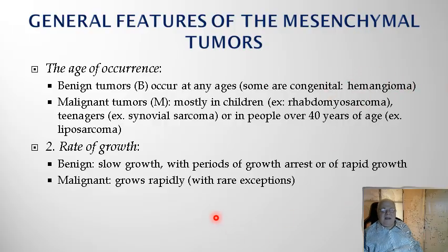Some others appear later, but still in the childhood period. As we'll see, sarcomas as malignant tumors are very rare, in fact, among cancers. But from the group of sarcomas, rhabdomyosarcoma is the most frequent in children, and liposarcoma is the most frequent sarcoma in adults and the elderly.